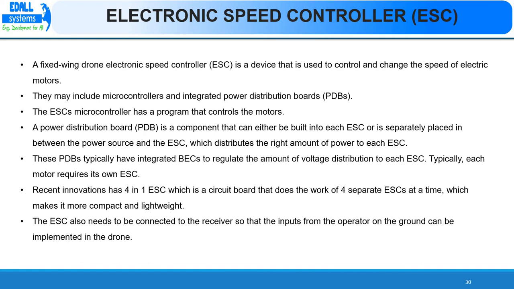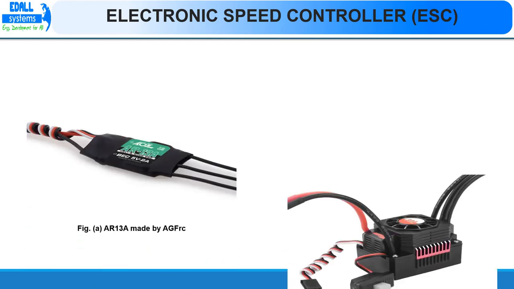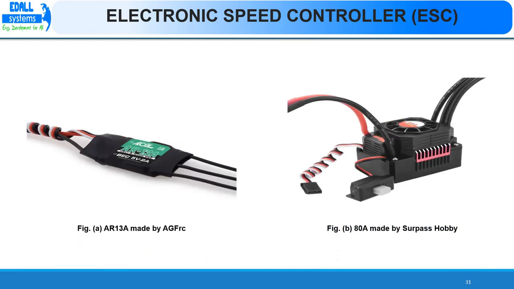The electronic speed controller needs to be connected to the receiver so that the inputs from the operator can be implemented in the drone. Some pictures of electronic speed controllers.